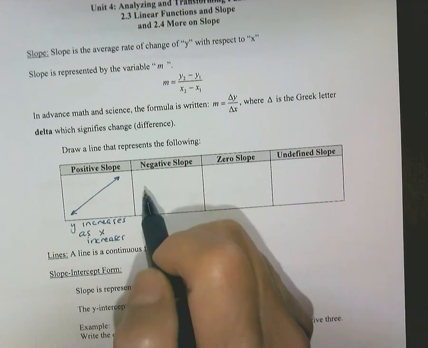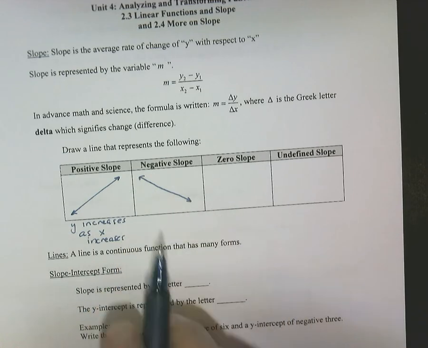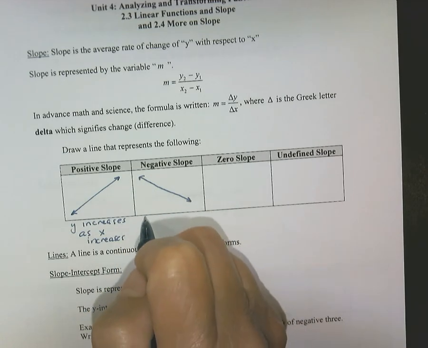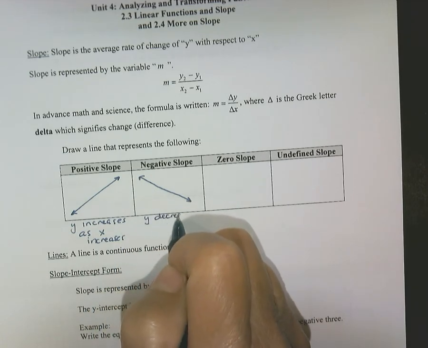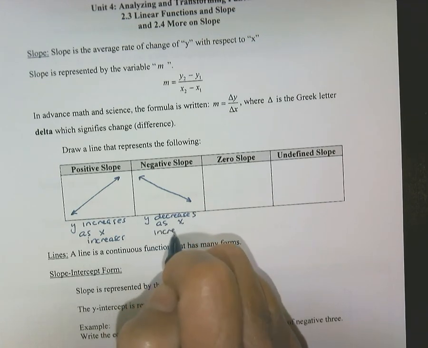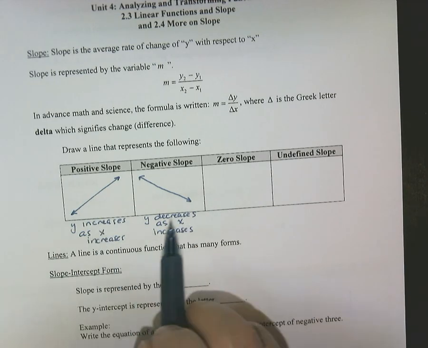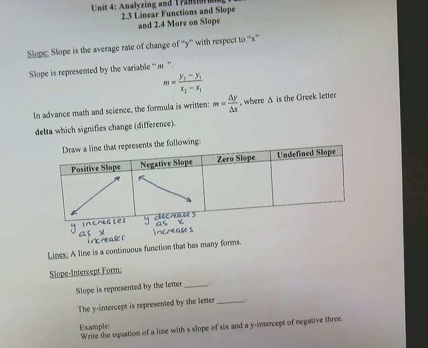A negative slope looks like this. So y decreases as x increases. So it really is about what's happening to y. Y is increasing, you have a positive slope. Y is decreasing, you have a negative slope.